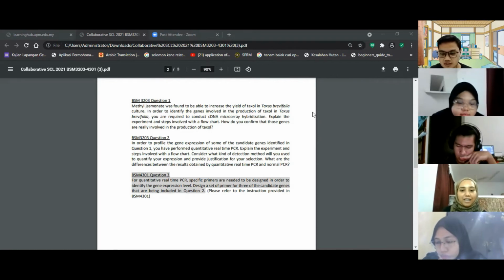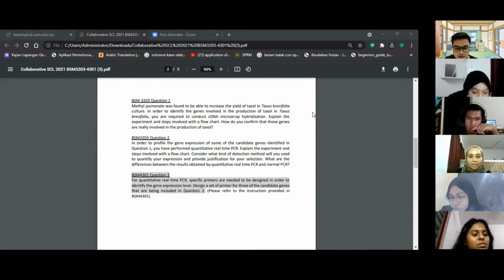Question 2 I think is the detection method that we use to quantify expression and provide justification. I think I have an idea about question 2. They are asking about the detection method, right?